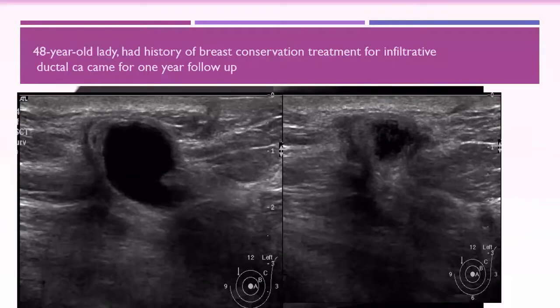Also there is a decrease in the size, and the appearance is fitting with seroma, fibrosis, fat necrosis. It's resolving post-surgery fat necrosis.